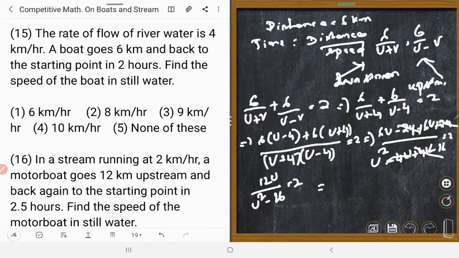Implies that u square minus 16 is equal to 6u.